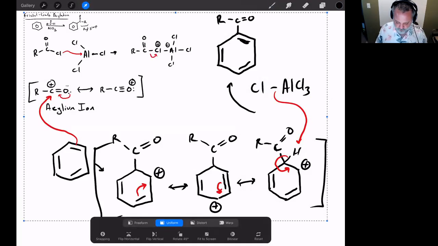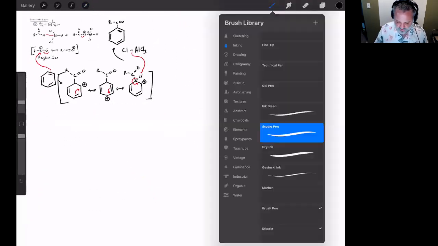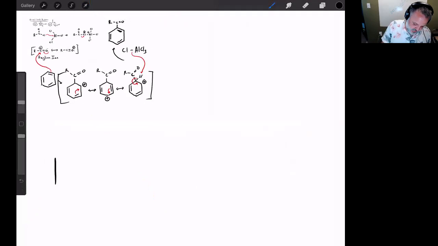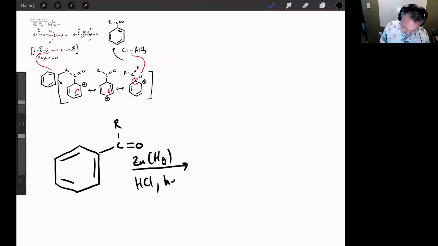Now, the cool thing about this final product, one last reaction, is that it can help me avoid all of the problems with using alkylation to form carbon chains on benzene rings. It's susceptible to reduction as well.